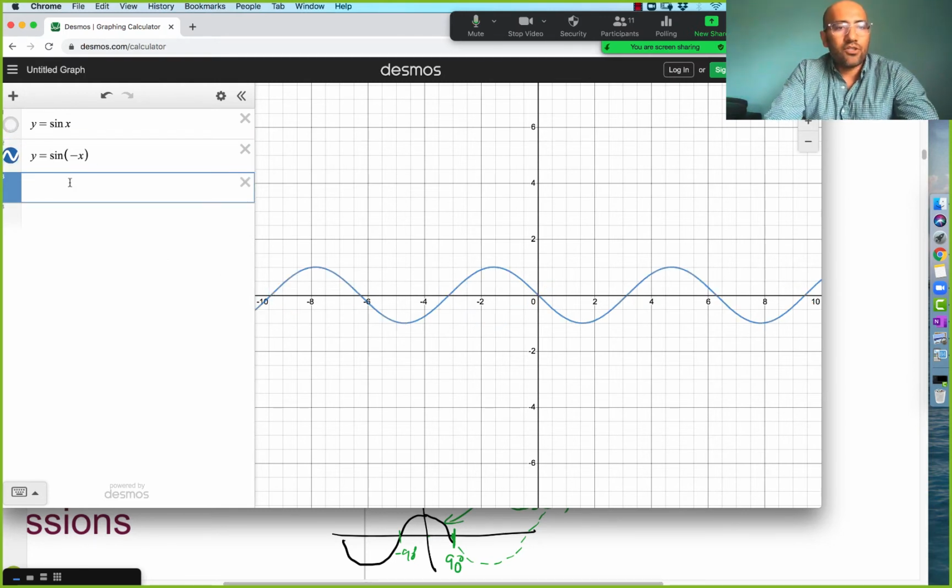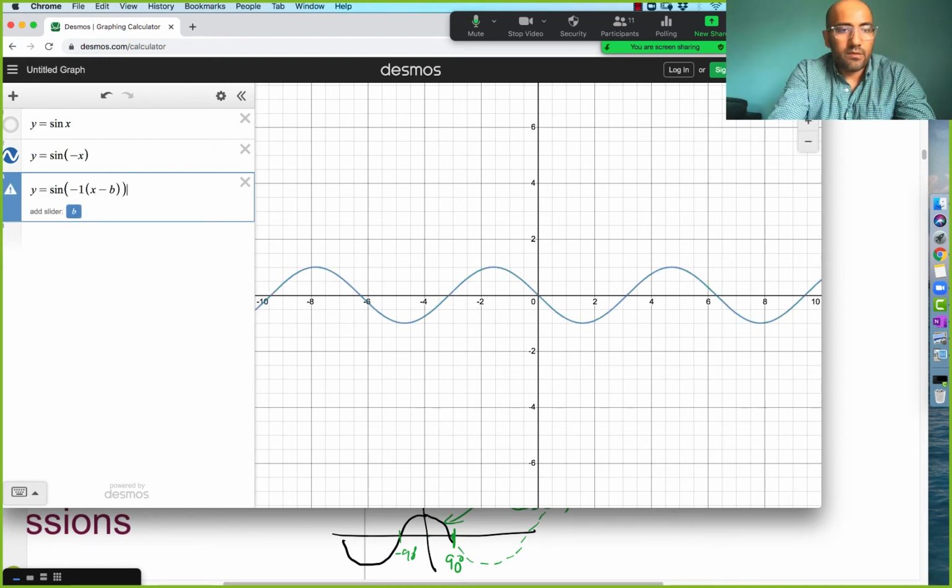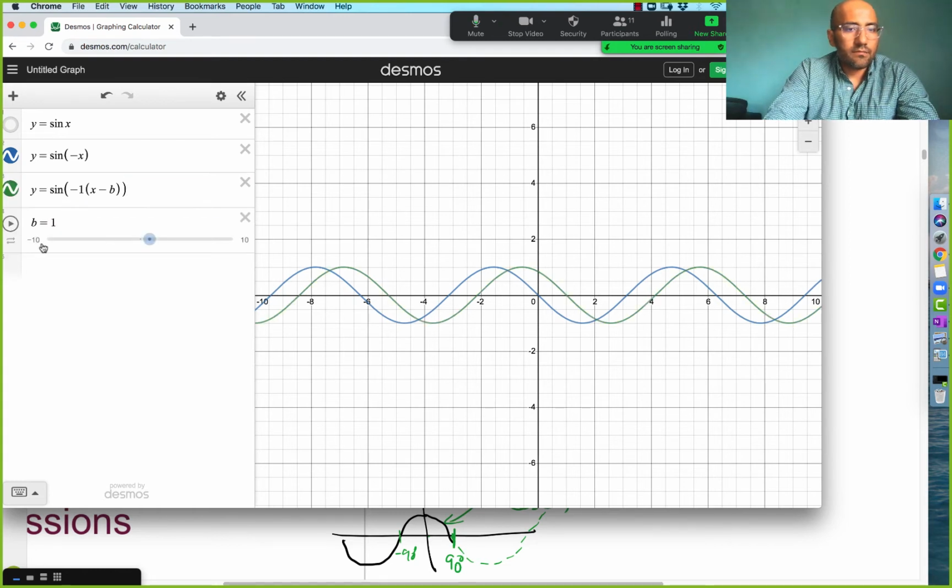And now if we shift it, y equals sine of negative 1 times parentheses x minus b, where b is going to be a little slider, and I want it to go from 0 to 90.